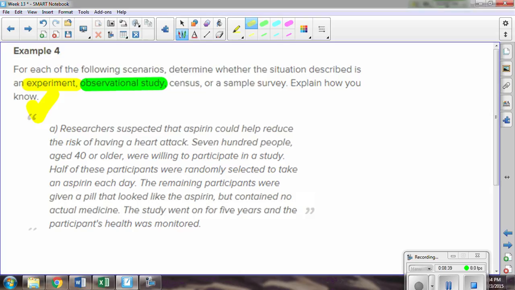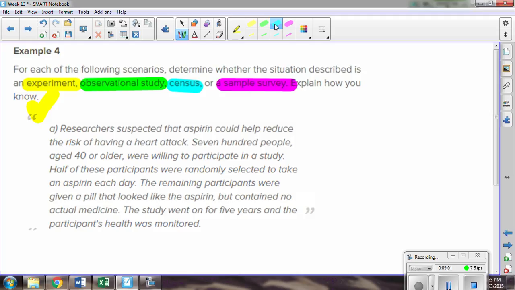How do we know? Because the researchers did something by assigning aspirin to each group. To continue further, is this a census or is it a sample survey? A census gets everybody.